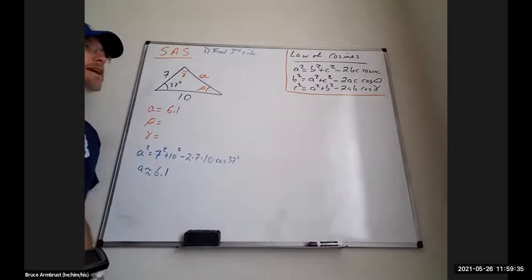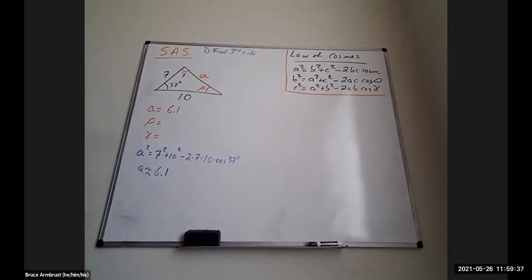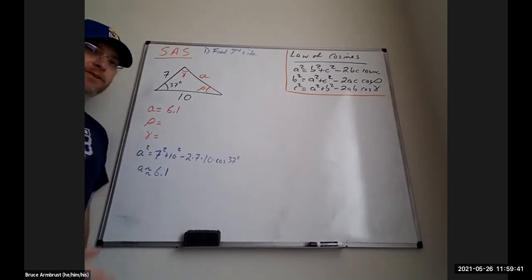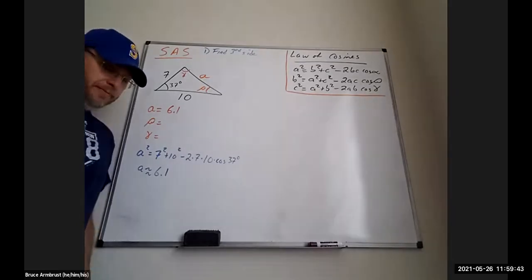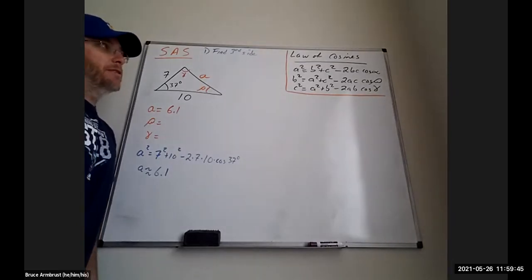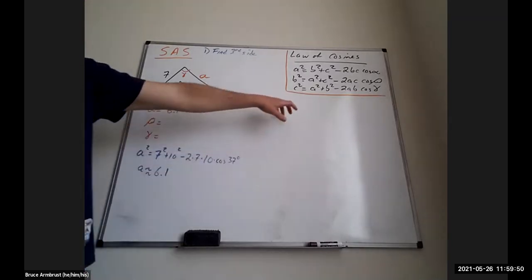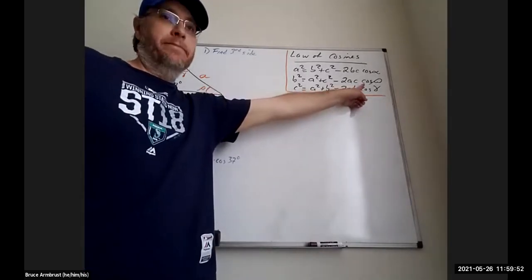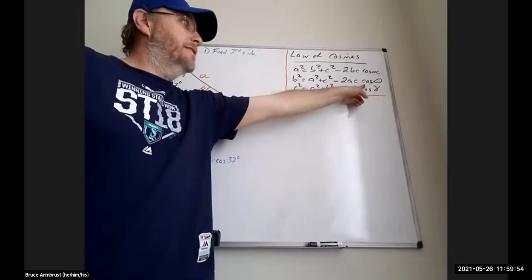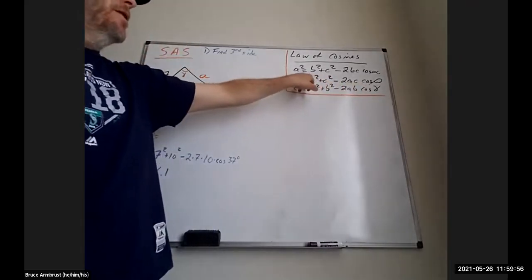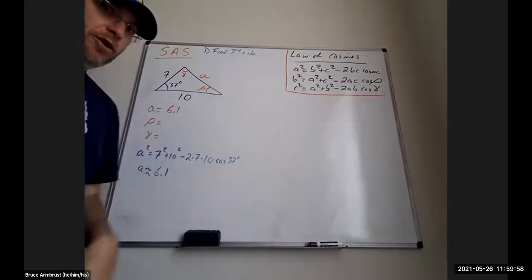Cool. So now we've got all three sides. We have to go and find another angle. Now we have a couple of options of how we're going to do this. Now that we're at this point, we can use law of cosines again. Pick one of the different angles, like let's say we're going to go beta. We could use law of cosines here because we know all of A, B, and C. So we can put all those in.